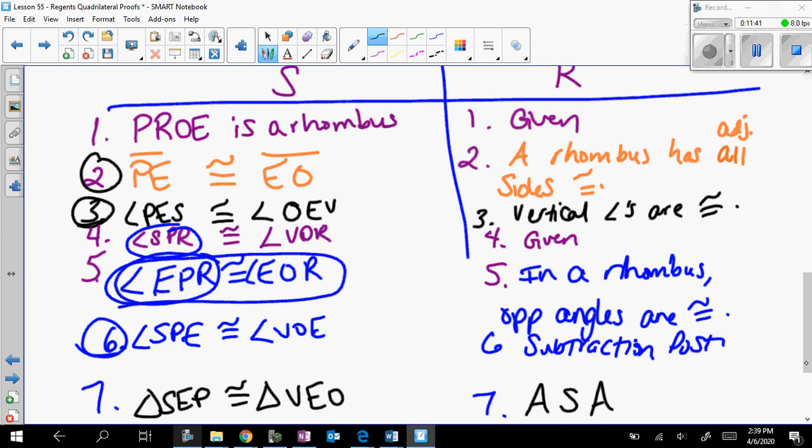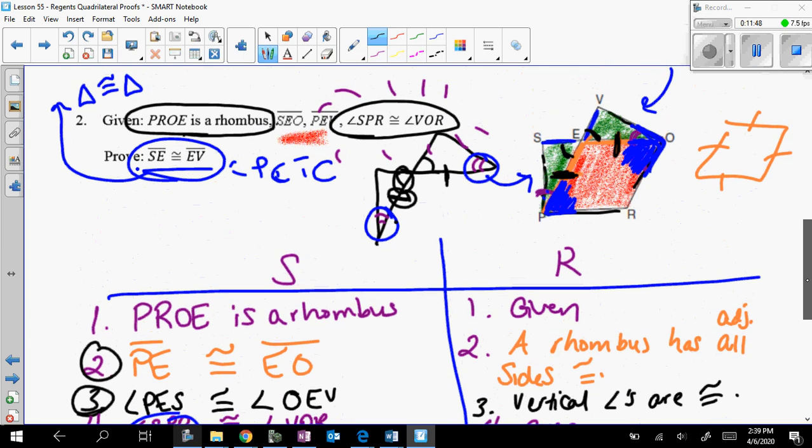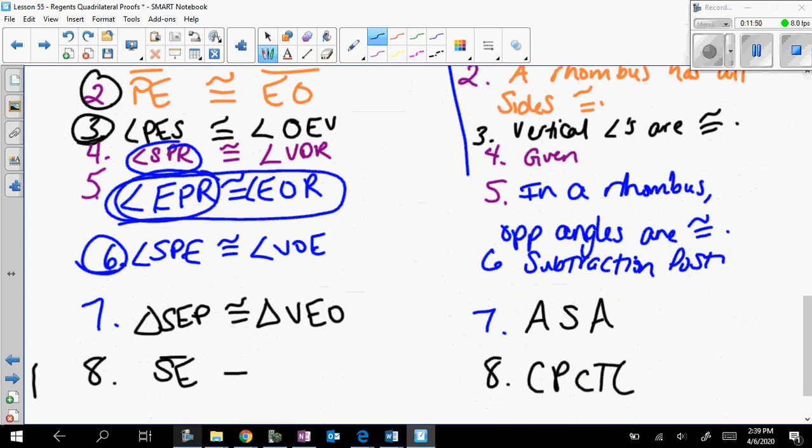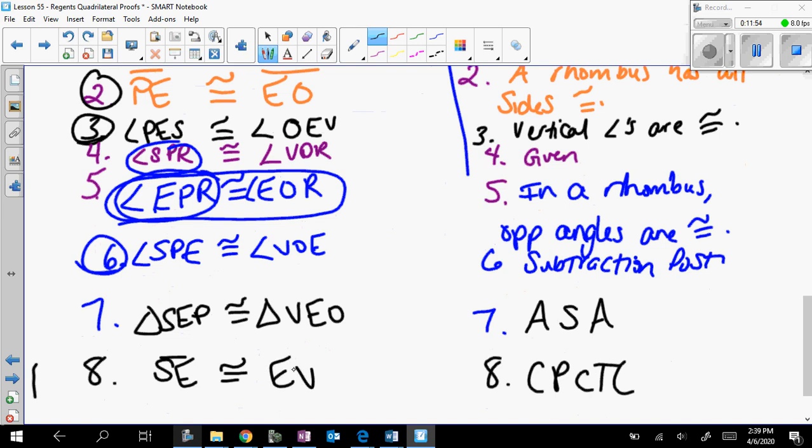ASA. And now our final step. Remember, this is the corresponding parts of congruent triangles are congruent. You are able to prove SE is congruent to EV. All right, and that concludes this video. Hopefully that helped.